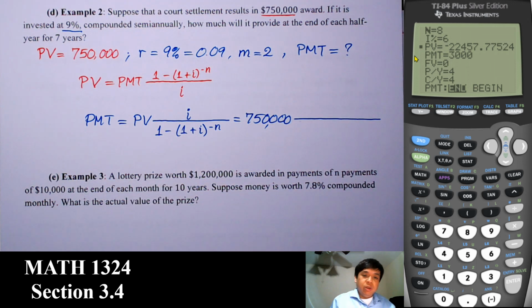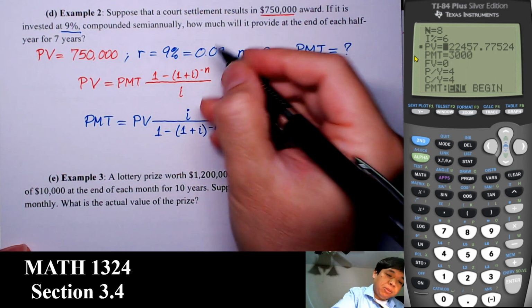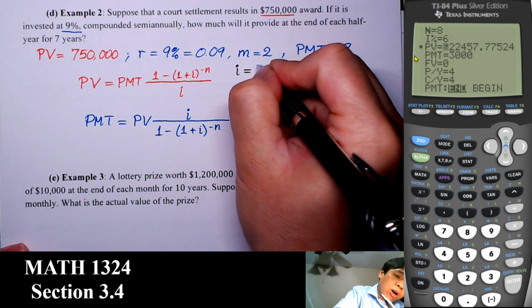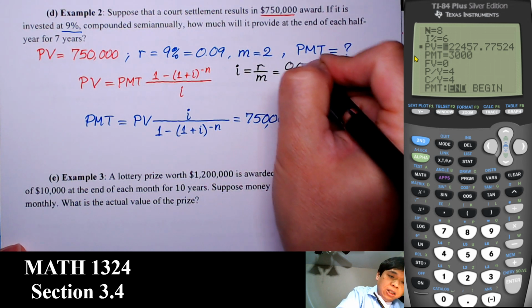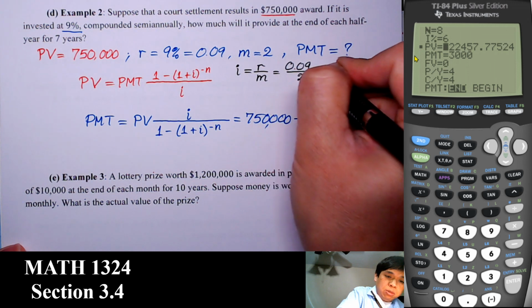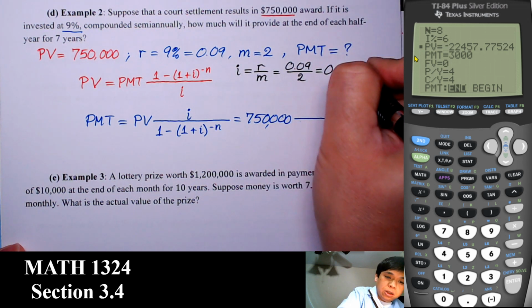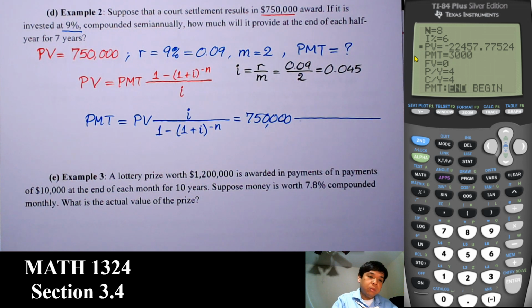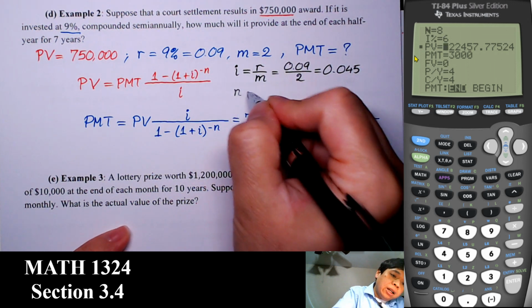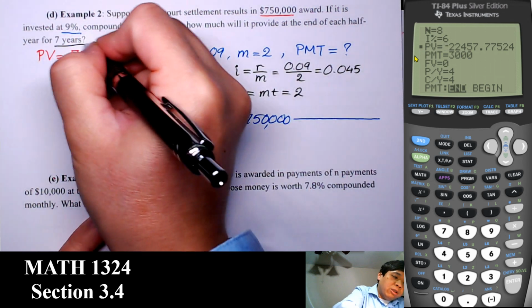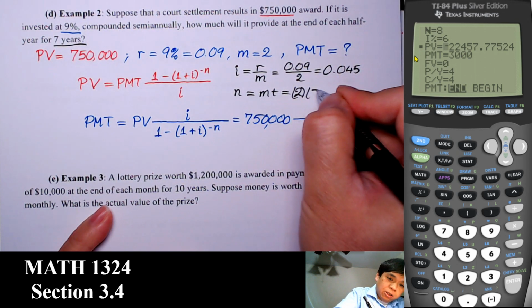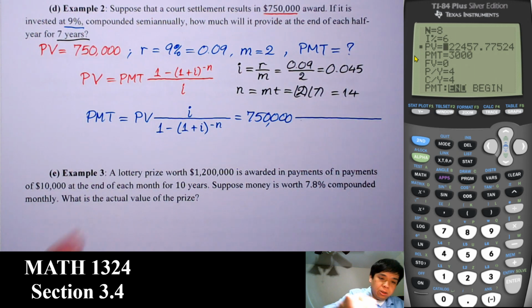Then we need to calculate the i and the n. i is equal to r over m, 9%, 2 times a year, so 0.045. n is equal to m times t, 2 times a year for 7 years, so 14.